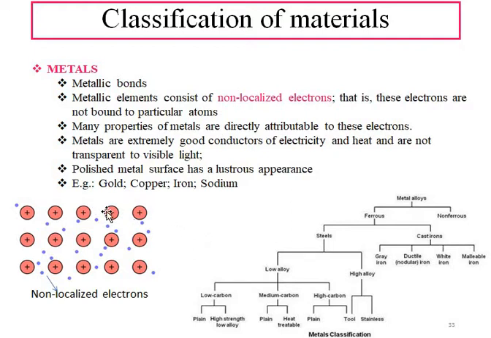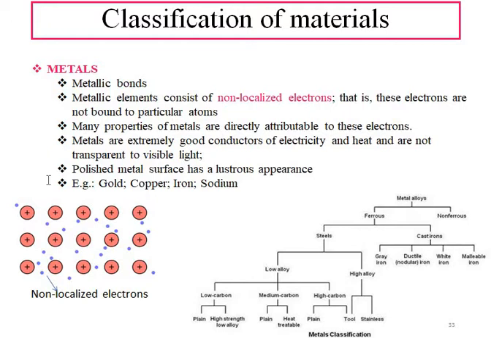These are the peculiar characters of metals. A polished metal surface has a lustrous, glazing appearance. A few examples of metals, as you all know, are copper, gold, iron, sodium. So many metals are there. In the crystal structure section, we will come into detail about metallic crystal structures.